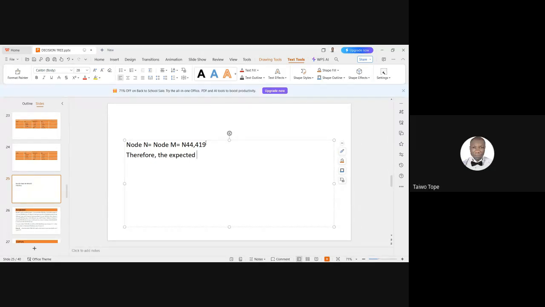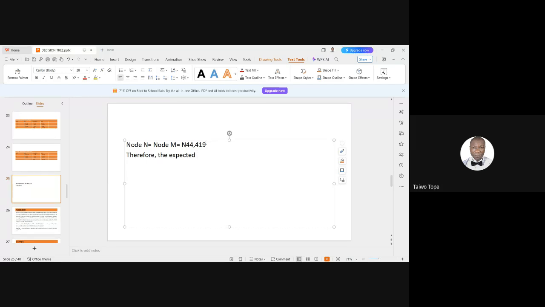The question is asking what the expected NPV is. For you to get the expected NPV, you've actually used the 300 in your workings already. So the overall result is this.